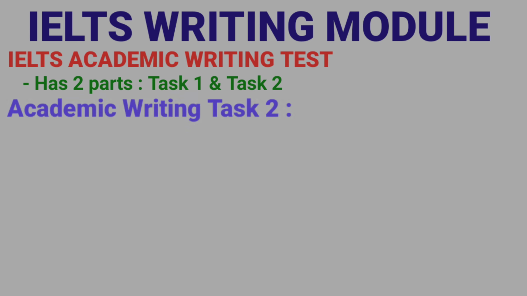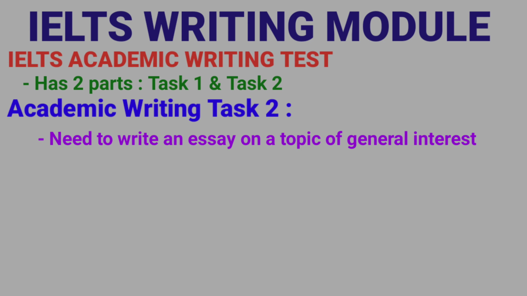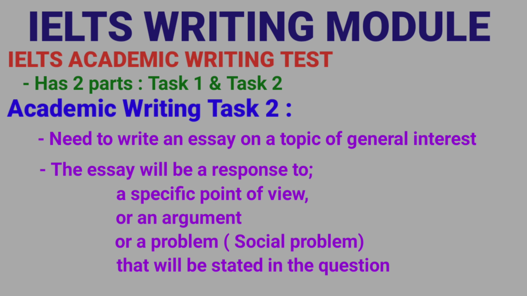Next, academic writing task 2. Here also you must write an essay on a topic of general interest. The essay will be a response to a specific point of view, or an argument, or a problem like a social problem that will be stated in the question.